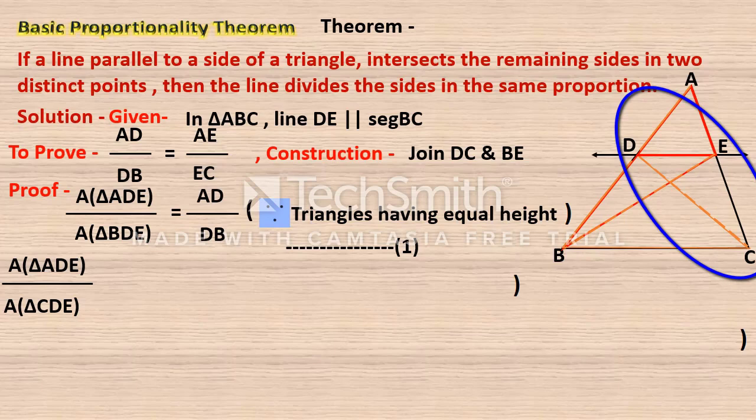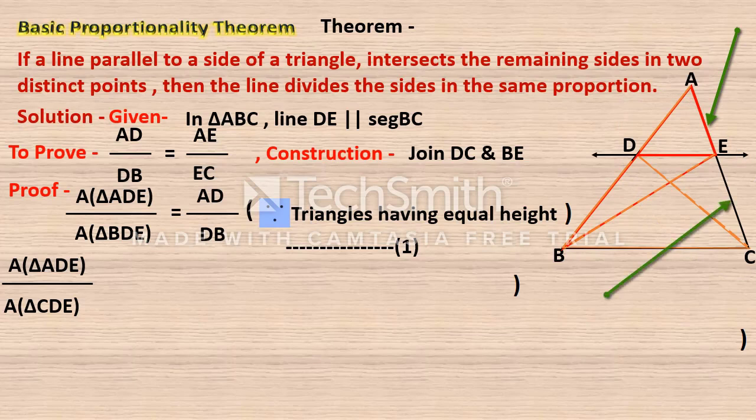For both triangles, the numerator triangle's base is AE and the denominator triangle's base is EC, and from point D we get equal height. Therefore, triangles' areas are proportional to their bases, and that property we can use here.